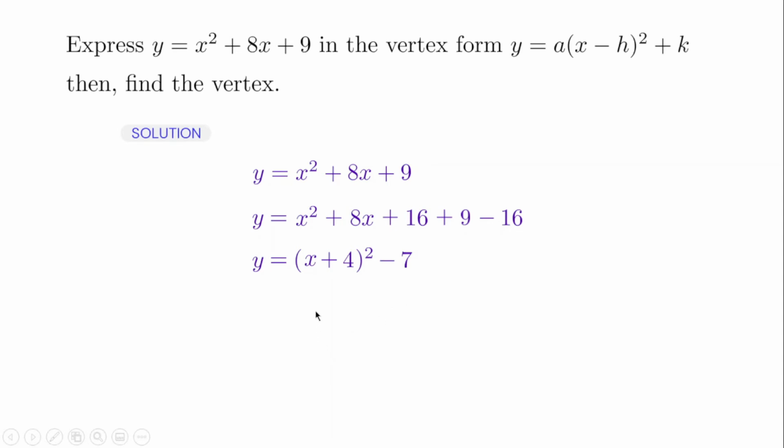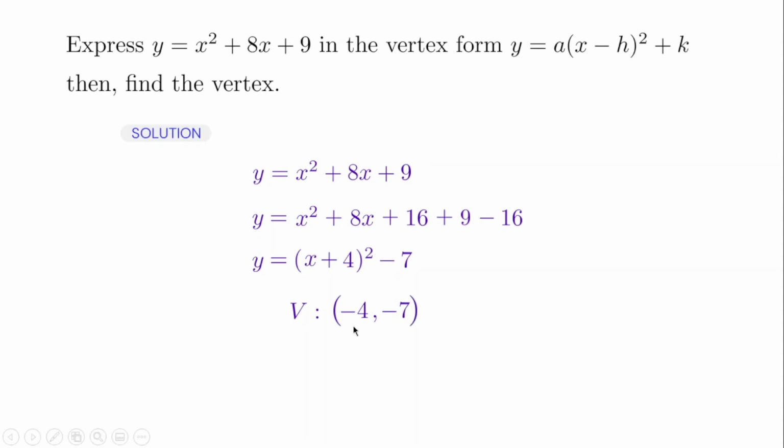Okay, so the vertex form for y equals x squared plus 8x plus 9 is y equals the quantity x plus 4 squared minus 7. With vertex at, so if plus 4 here, we have to change the sign, so negative 4. But the k value, we just copy as is, so negative 7.